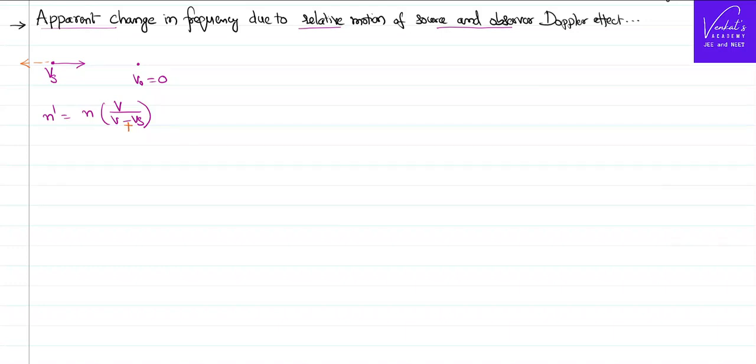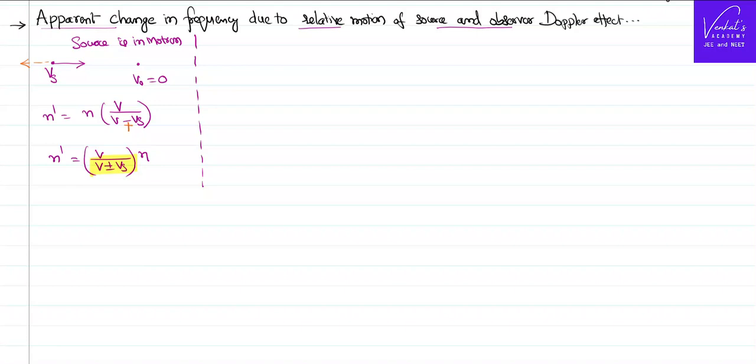So you can write a general equation as apparent frequency is v by v plus or minus vs into n. That is when the source is in motion. So you could have noticed the term that is affected is the denominator here.